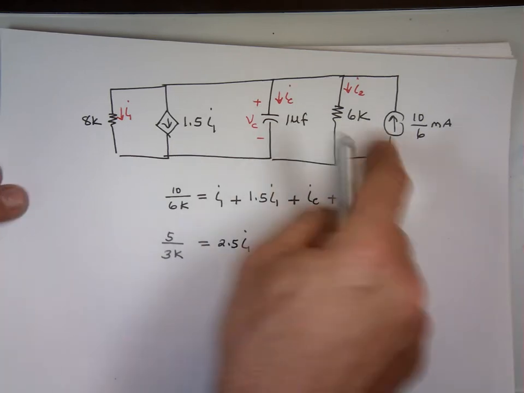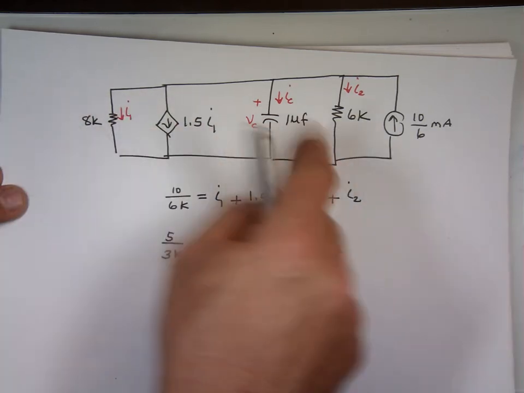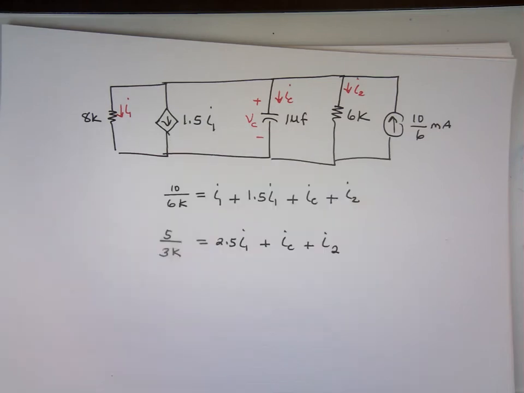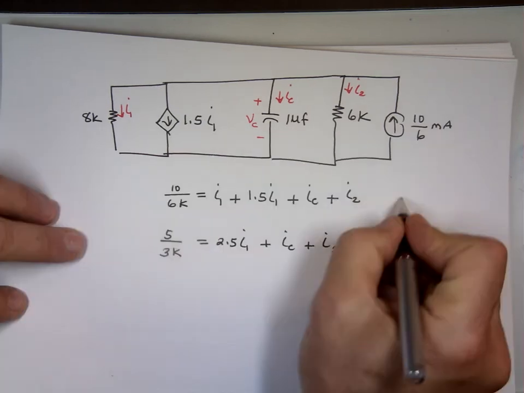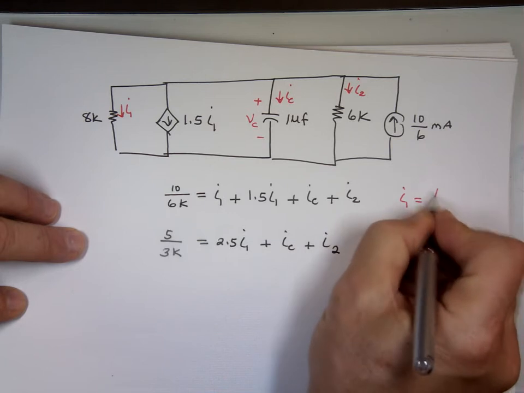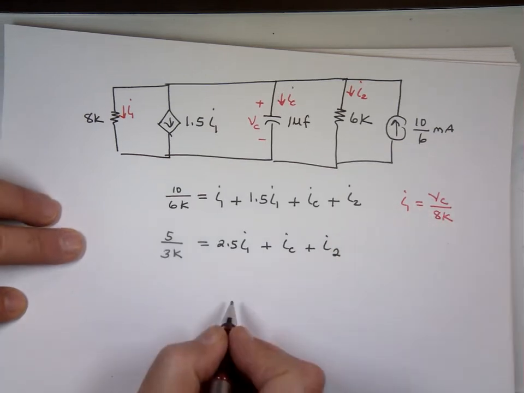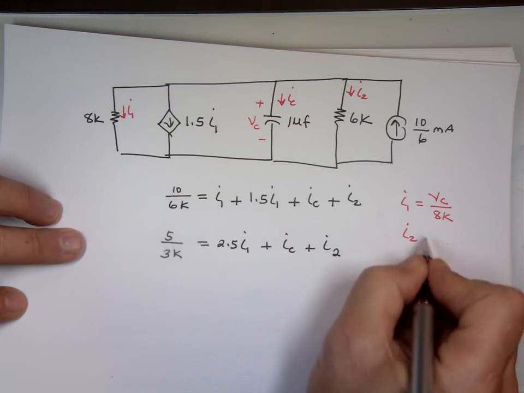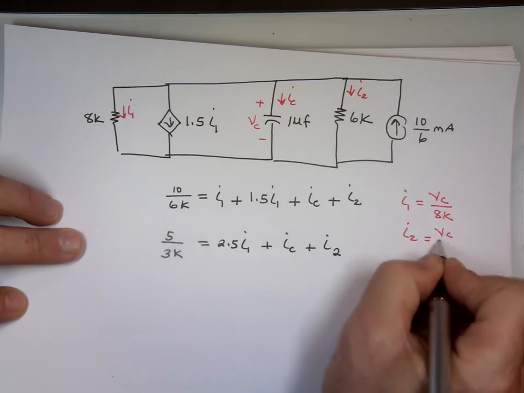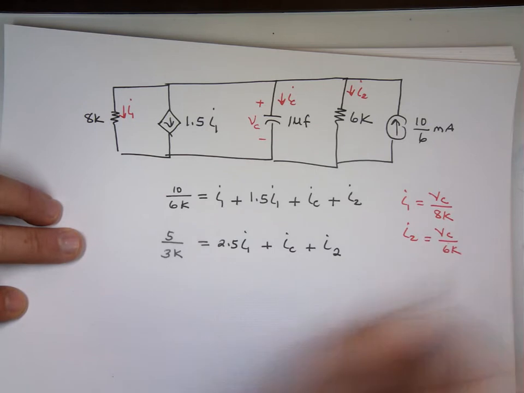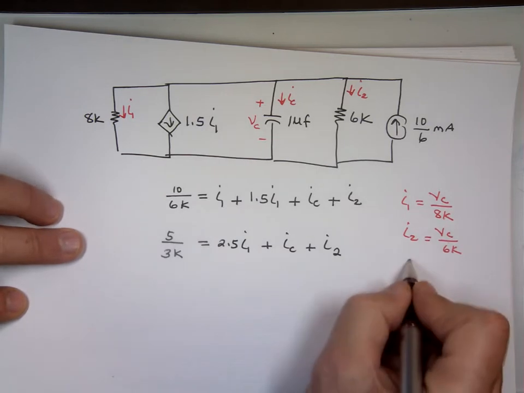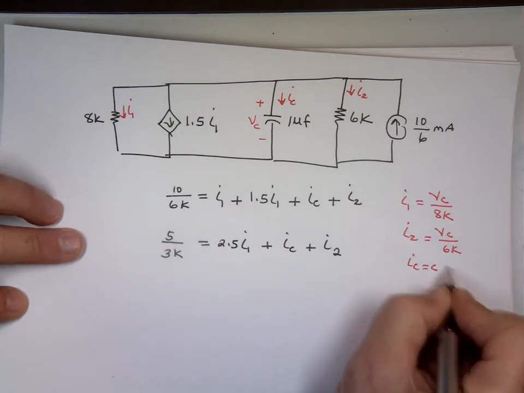Well, they're all in parallel. They have the same voltage across them, which is VC. So I sub 1 is VC divided by 8K. I sub 2 is VC over 6K. And I sub C equals C dVC/dt.